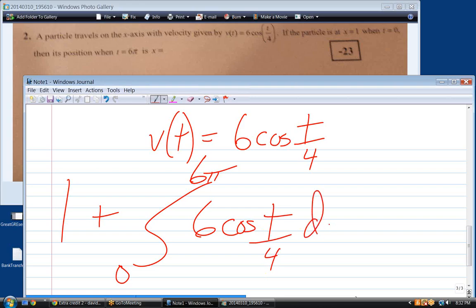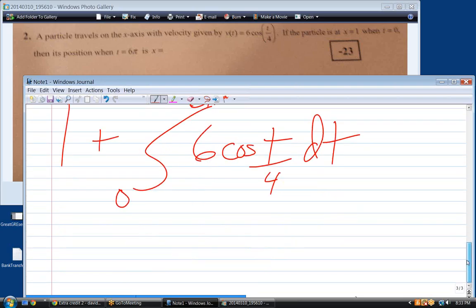Since that's its velocity function, its total displacement is going to be the integral of that, and we're merely going to add that displacement to its starting position of 1. So, how do we integrate this?